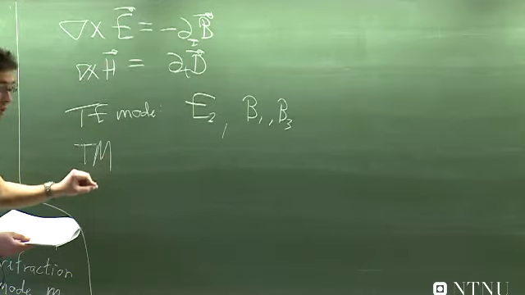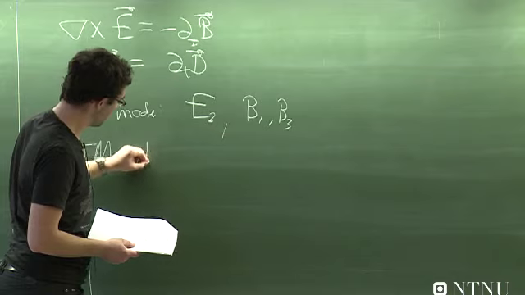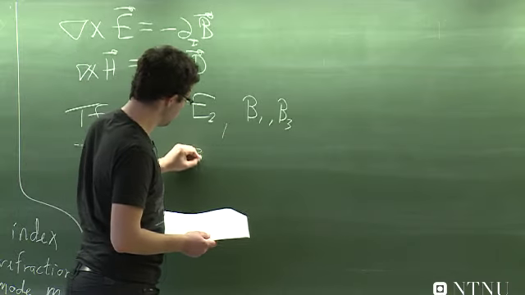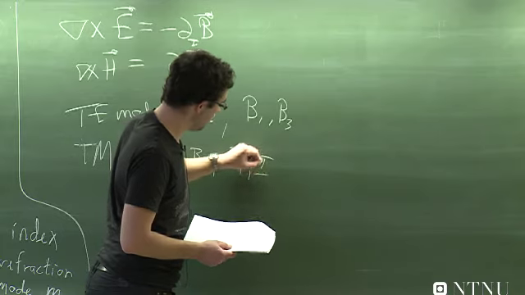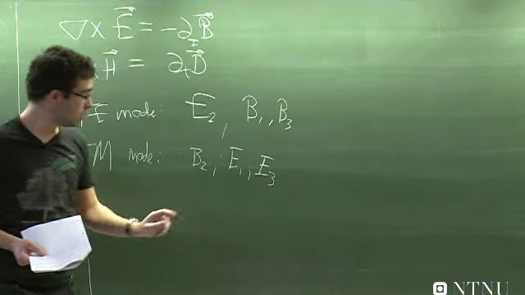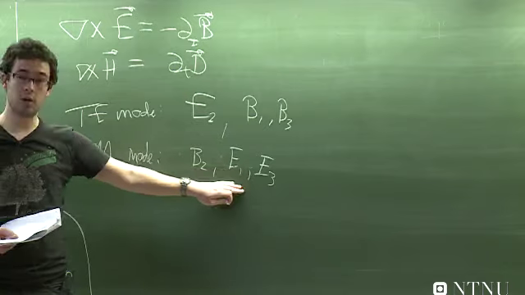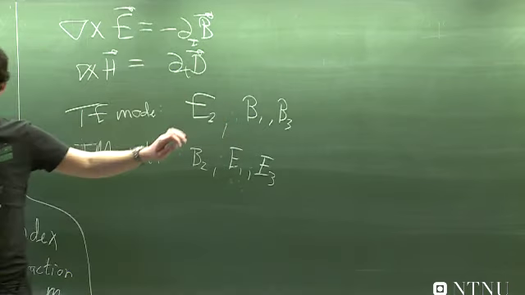We also have a TM mode, which was B2, E1, E3. So for the TM mode, these three field components decouple from the other field components.